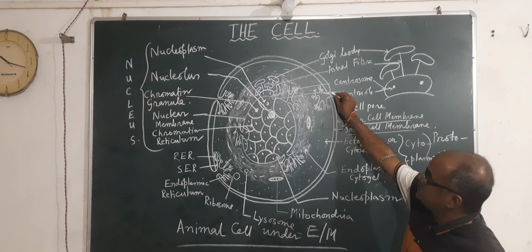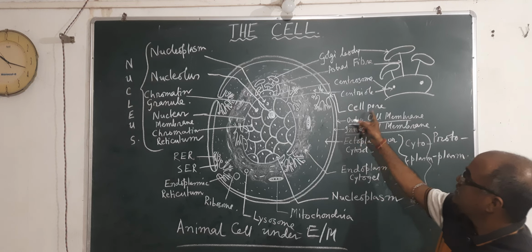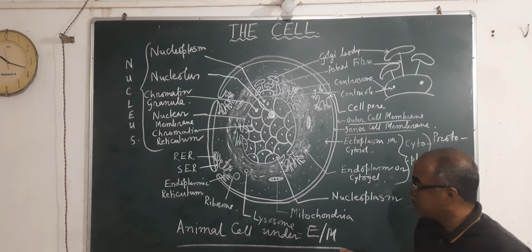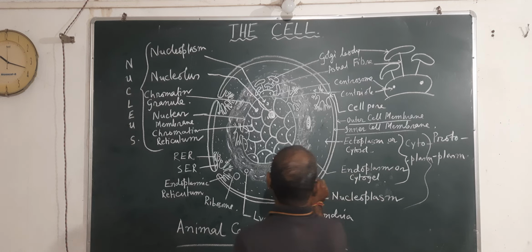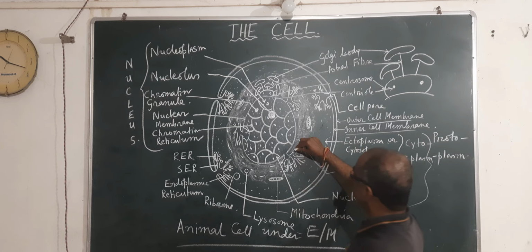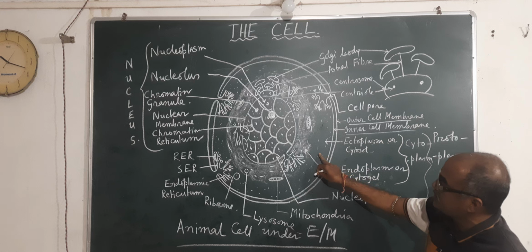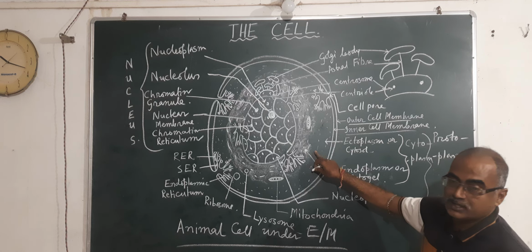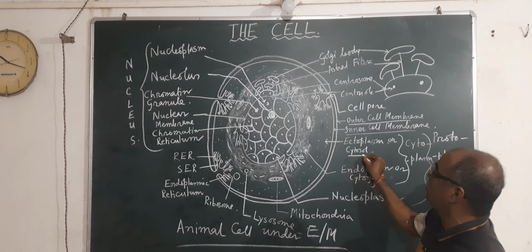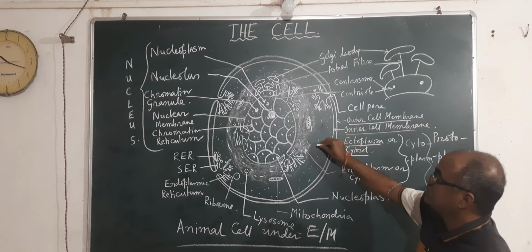Some pores are there, and these pores are called the cell pore. Next part, here you see this is the cytoplasm. Since this is cytoplasm, the outer side is solution or water like, therefore it is called cytosol or ectoplasm.